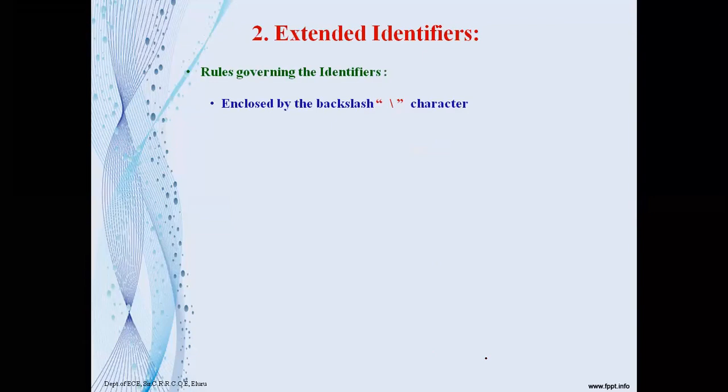Simply, the sequence of letters is enclosed by the backslash character. Till now the identifiers had no special characters such as the backslash, but here the sequence of letters is written between the two backslashes.